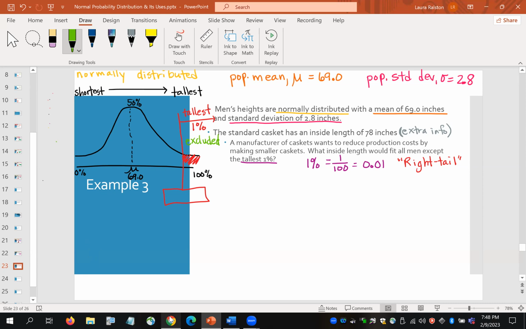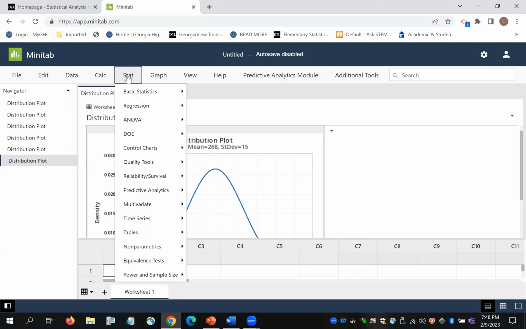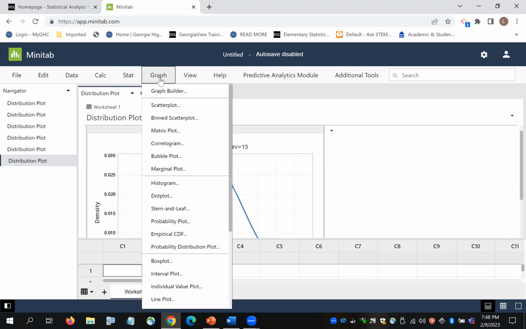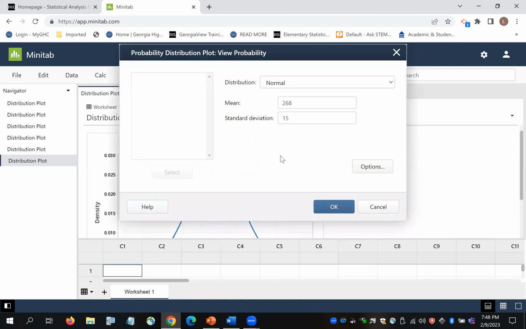So I'm going out to Minitab. Graph, probability distribution plot, view probability. It is normal. My mean is 69.